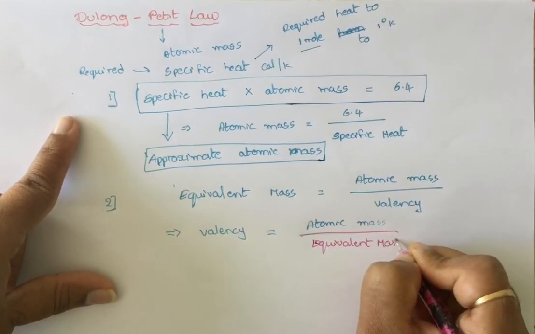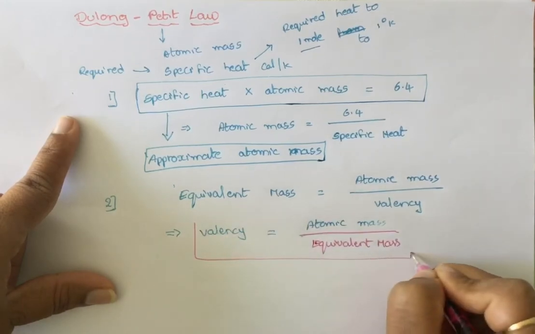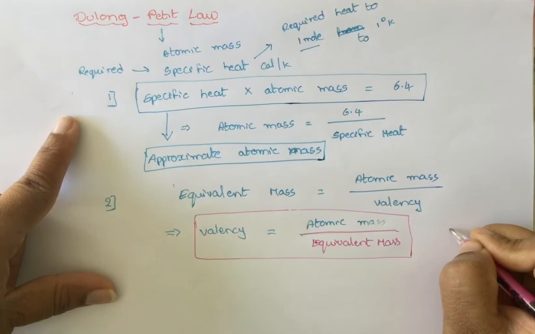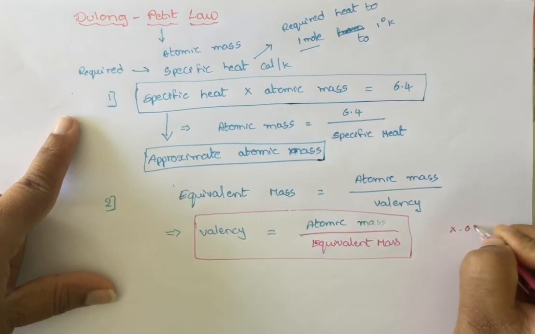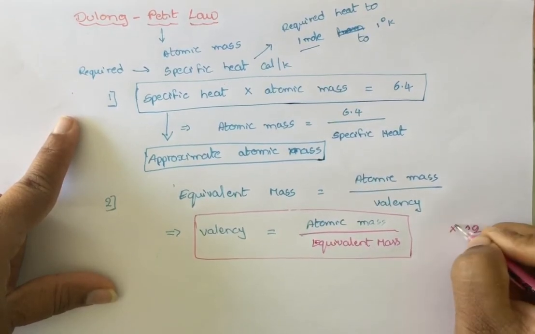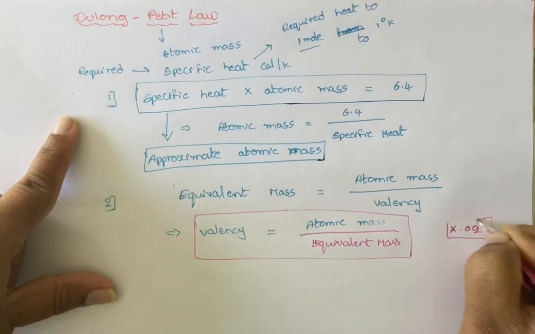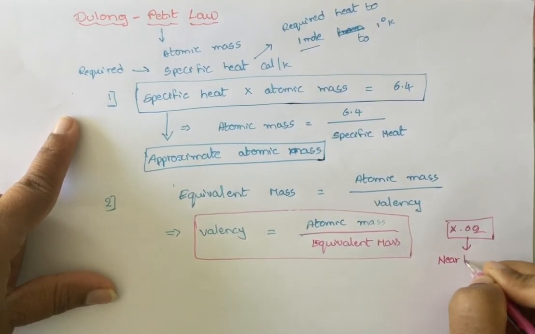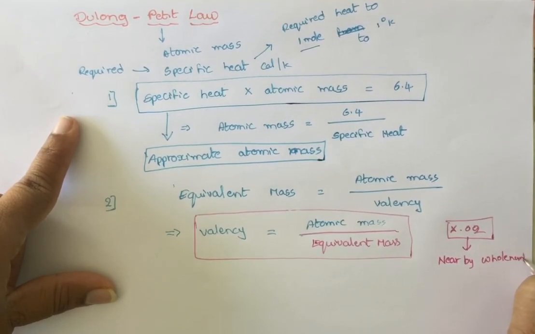If I use this equation, I'm going to get the valency. If we get a valency like x.002, then you have to convert it into the nearest whole number.